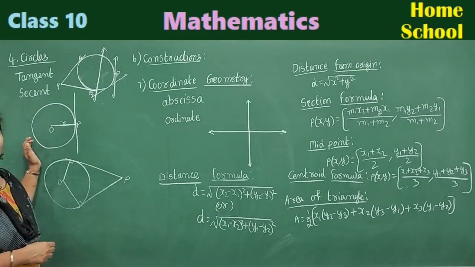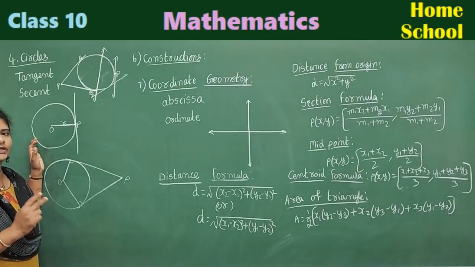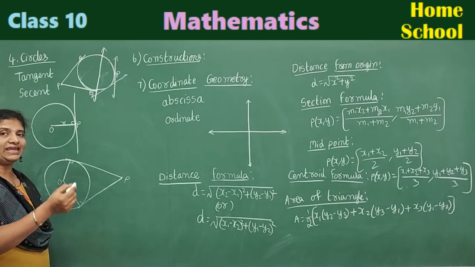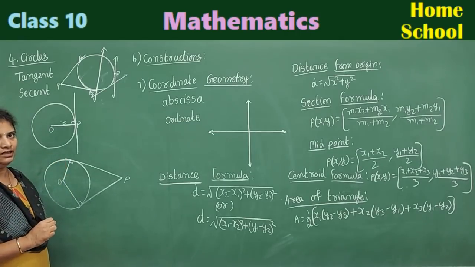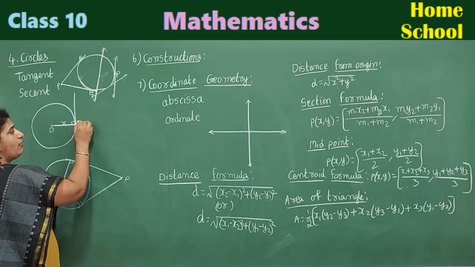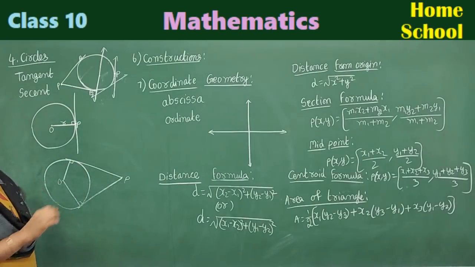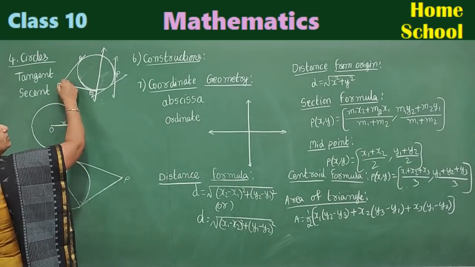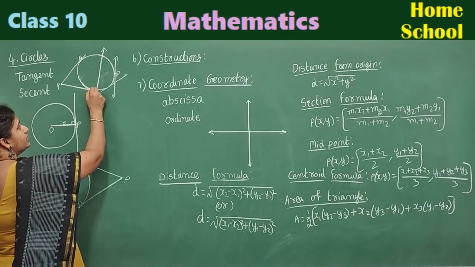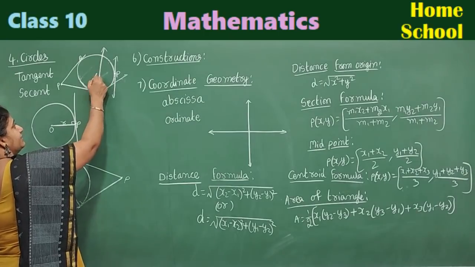Next, coming to theorem statements. 2 theorems you have in this chapter. That is, a tangent from any point on a circle is perpendicular to the radius through the point of contact. Suppose you can see here 2 tangents. This is the center.